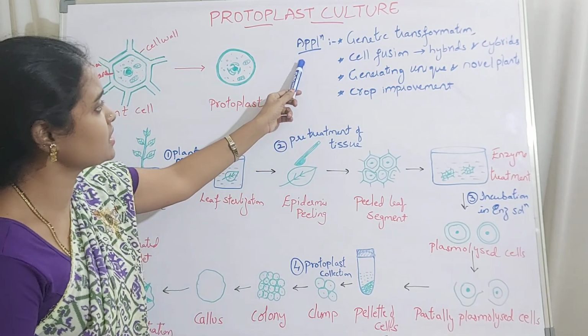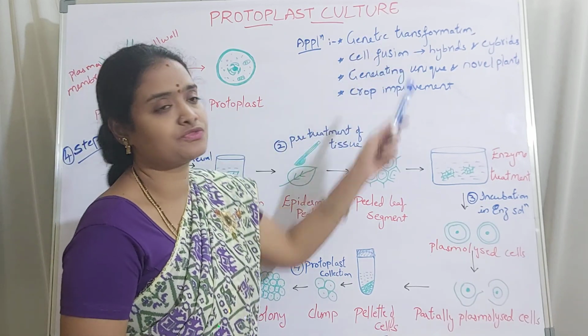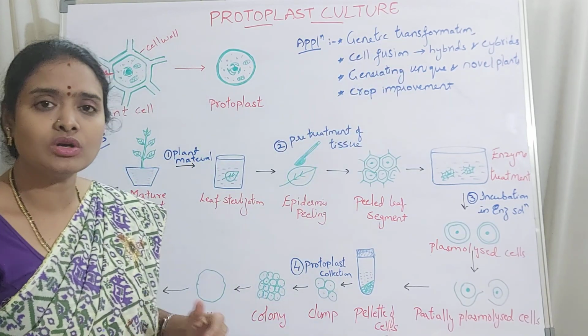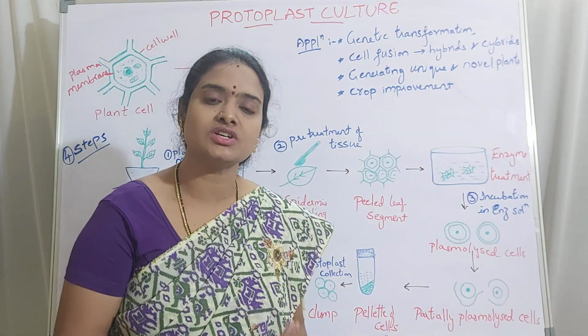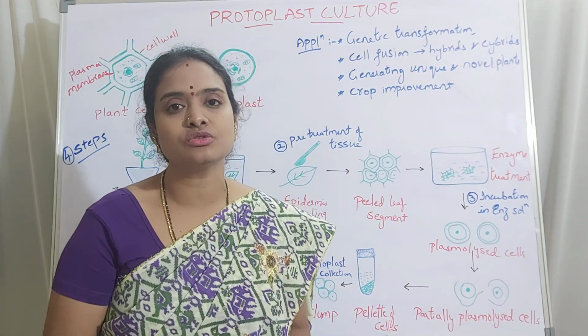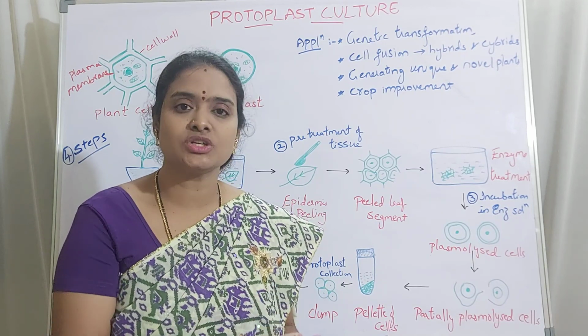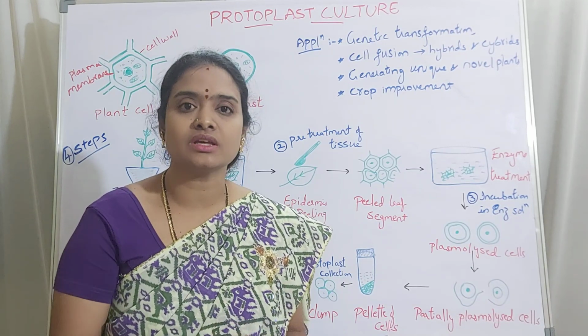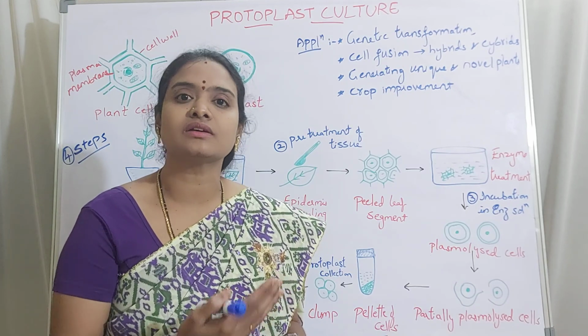So first application is in order to produce the genetic transformation. That means you want some plants to get genetically modified. How they get genetically modified? When you introduce certain gene of interest. Now if you want some gene which can be producing increased size of the fruit, or it can be very brightened color of the flower.